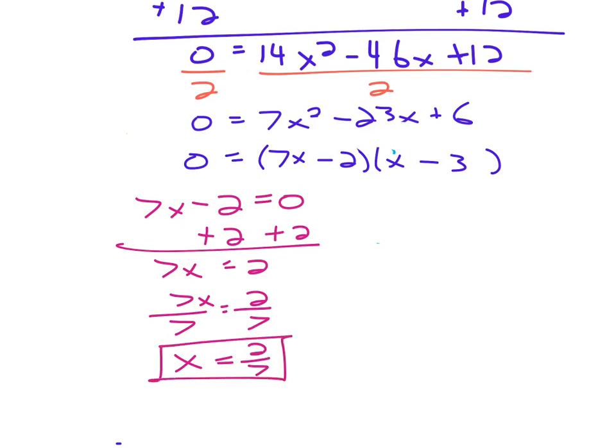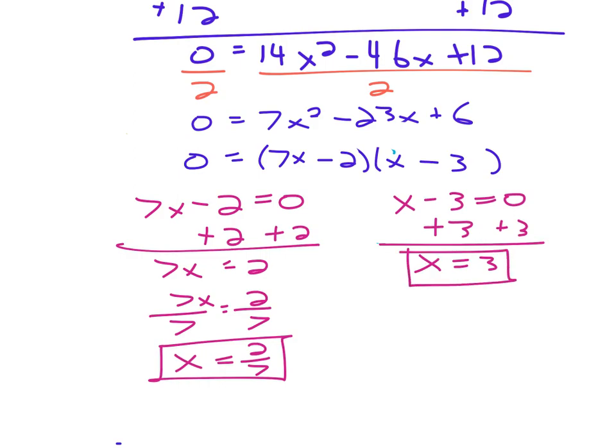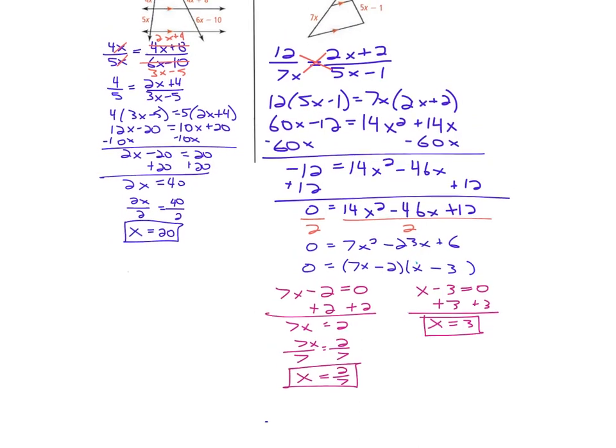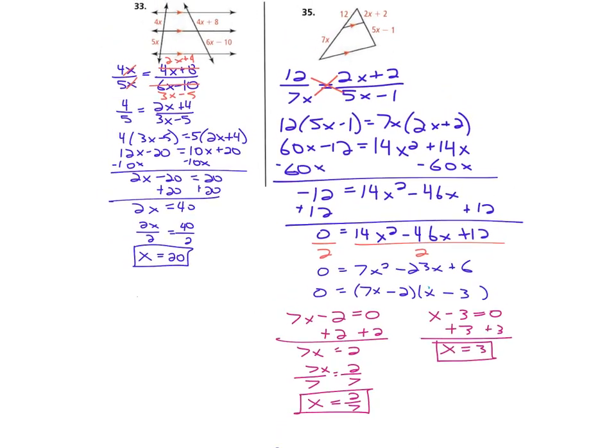That's one solution. Or maybe it was this term that turned the whole thing to 0. There's a value of x for this that would make that 0. And that value is x equals 3.